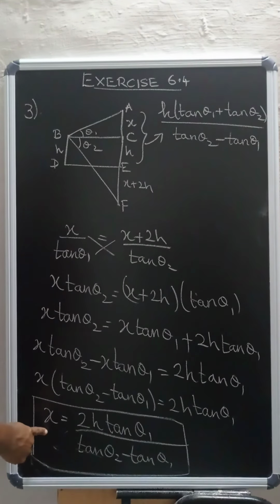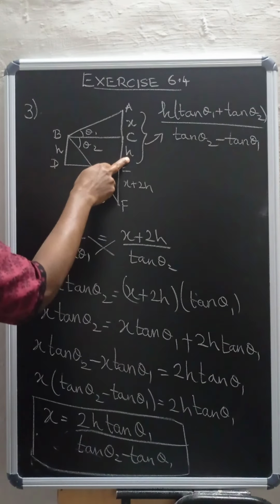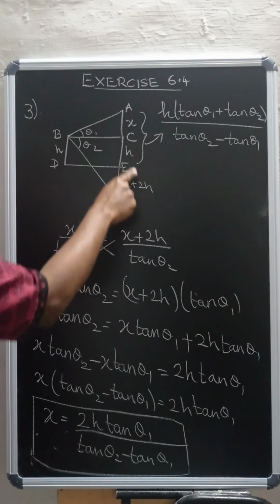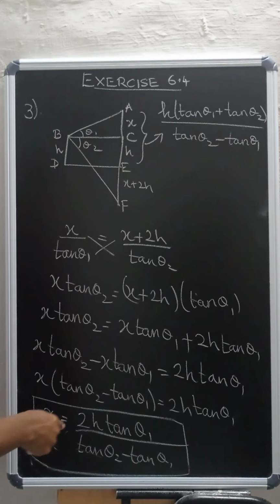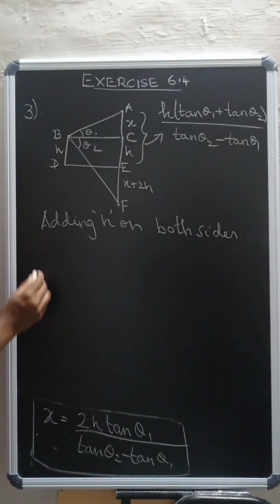So now we are clear with this. We have found the value of x. Now we need the value of x plus h, right? Because the height of AE is x plus h. We need to prove that x plus h is equal to this value. So I am going to add h on both sides.